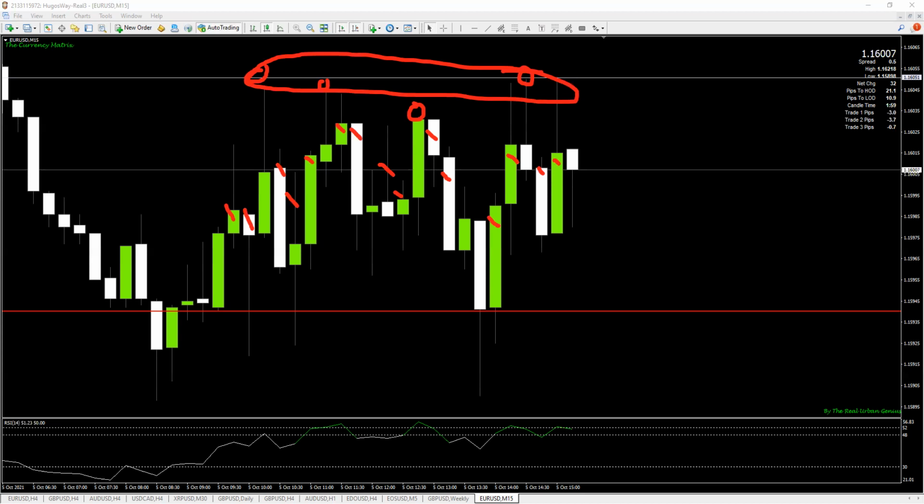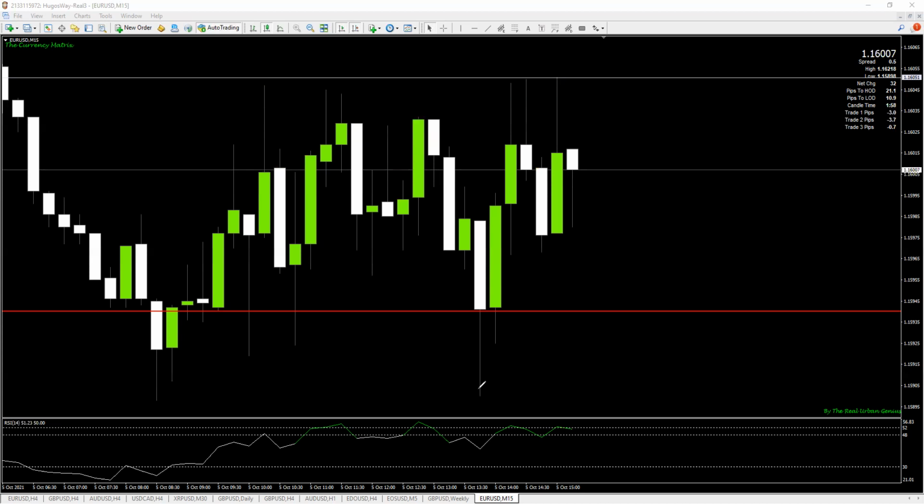So for the downside, as I said, we got 0 here, -1, -2, +1, +2. So the supportive level here off the 15-minute chart, yeah, I'm on the 15. The 15-minute chart would be there.